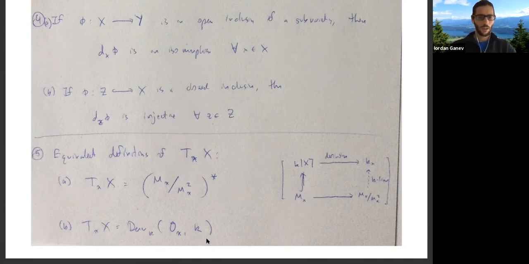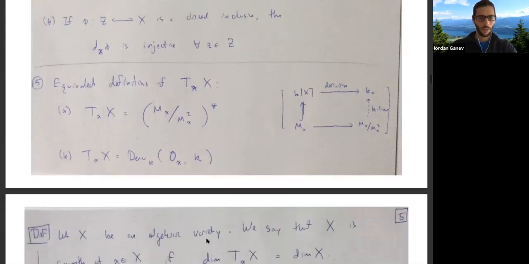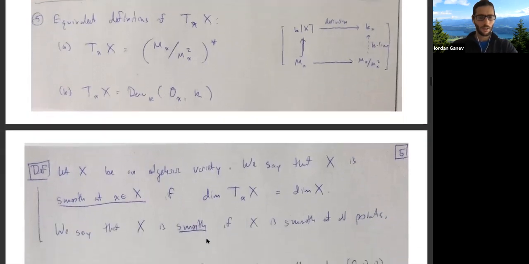So let's define what smoothness means. If we have an algebraic variety, then a point in that algebraic variety is said to be smooth if the dimension of its tangent space is equal to the dimension of the variety.